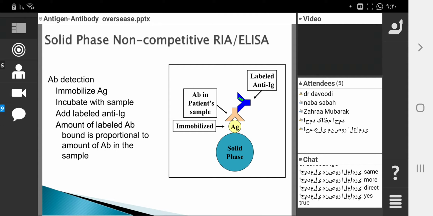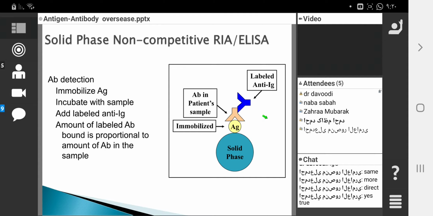The blue one can detect the first or primary antibody, which is attached to the antigen, and this one is labeled with radioactivity.